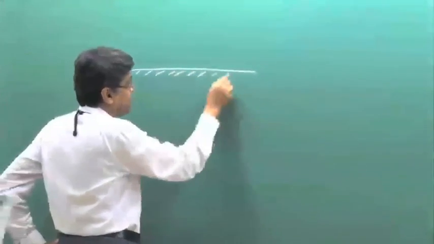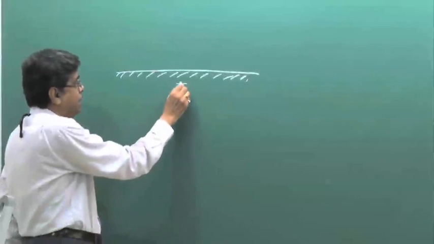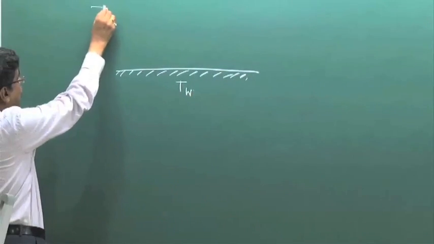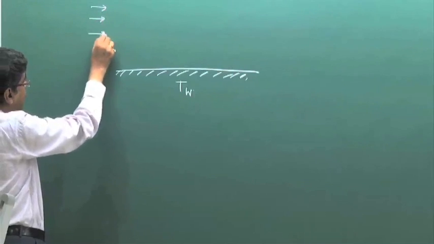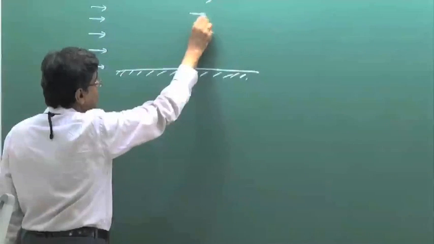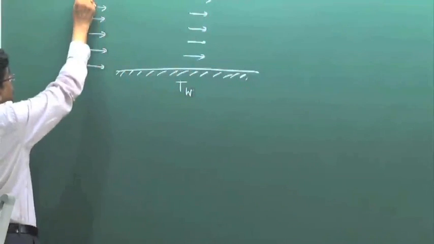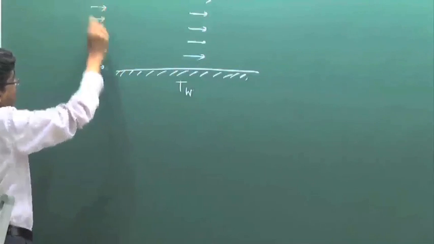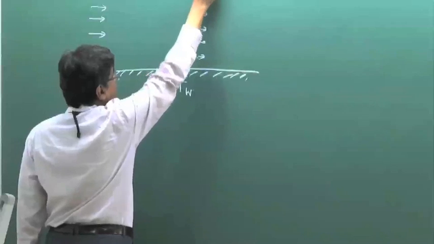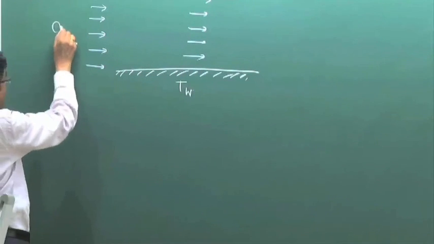Let us consider a flat surface at a temperature Tw and a stream of cold fluid flowing past this surface with a temperature of T infinity, which is less than Tw.